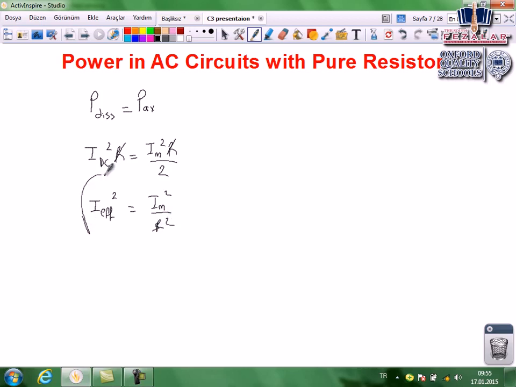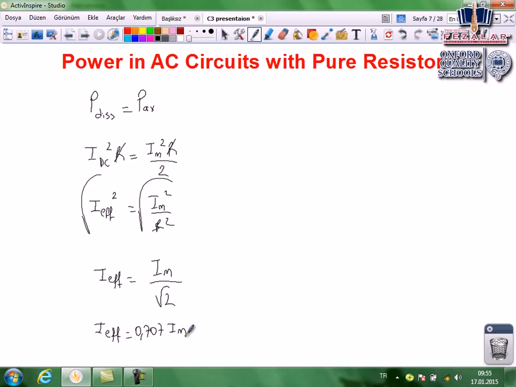We will take the square root of both sides. This will be I effective equals I maximum over root of 2. This value 1 over root of 2 is 0.707. Then I effective will be 0.707 times I maximum.